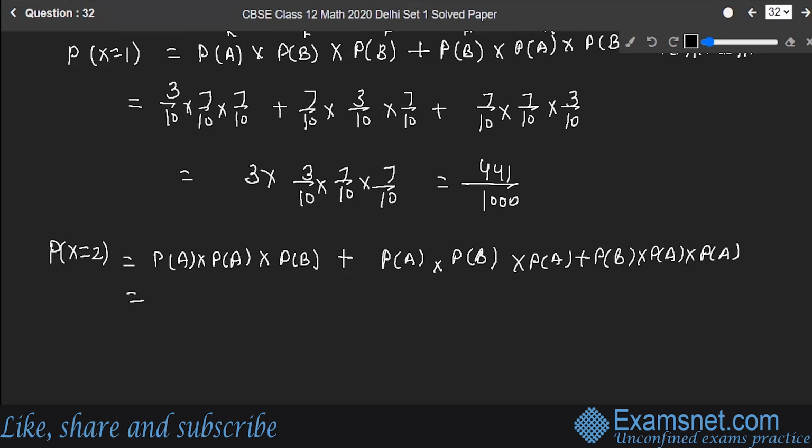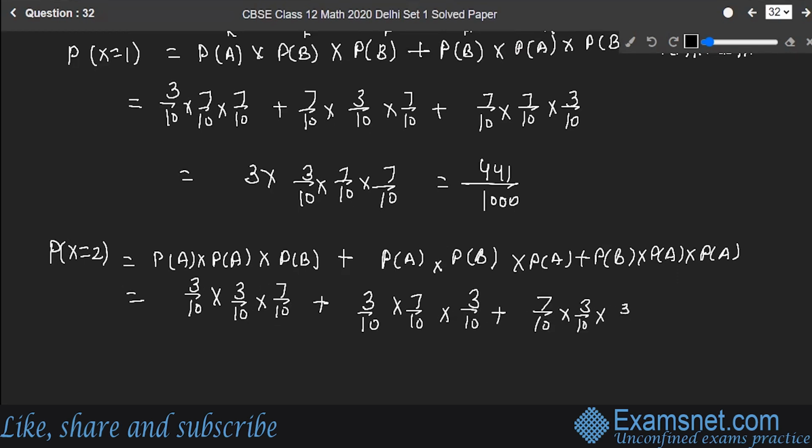This is equal to 3 upon 10 into 3 upon 10 into 7 upon 10, plus 3 upon 10 into 7 upon 10 into 3 upon 10, plus 7 upon 10 into 3 upon 10 into 3 upon 10.